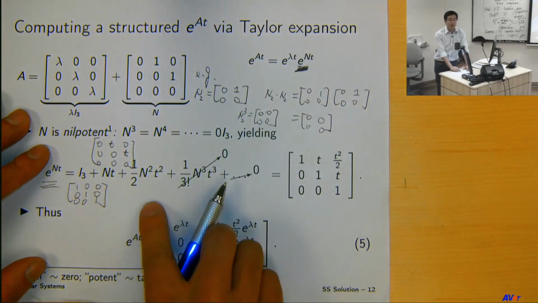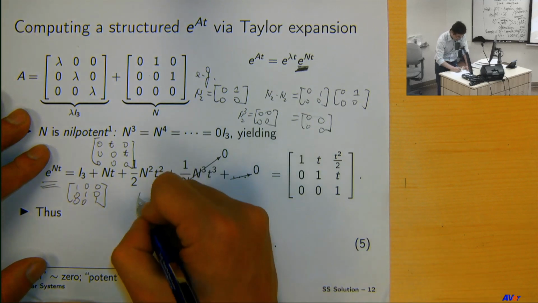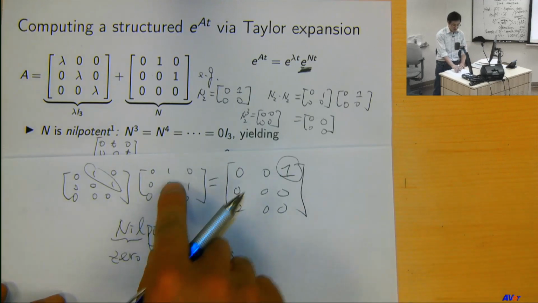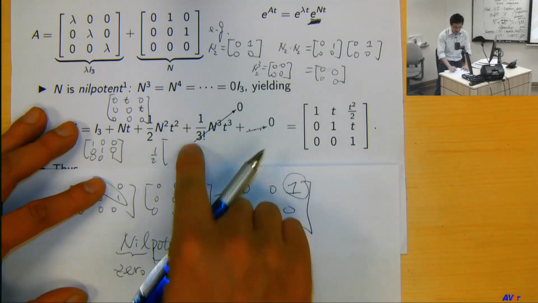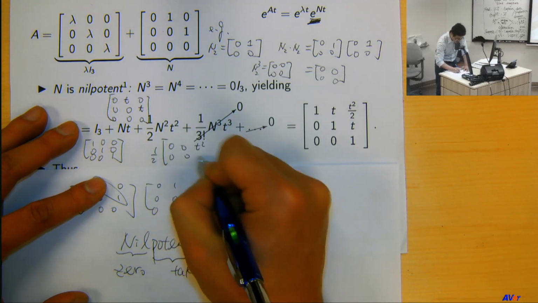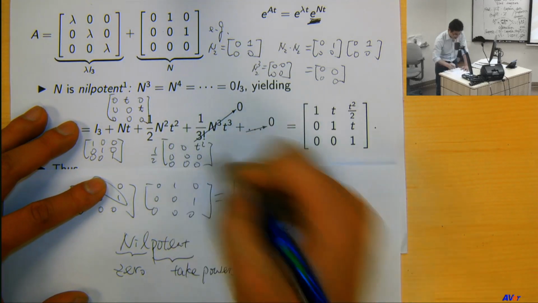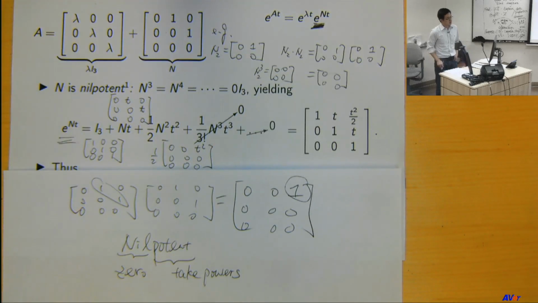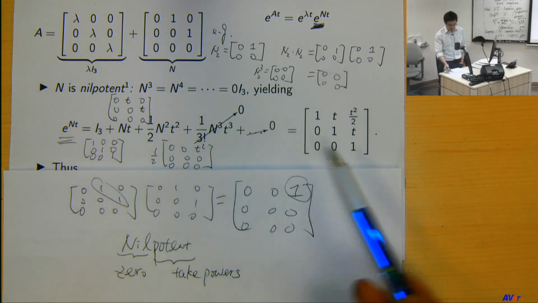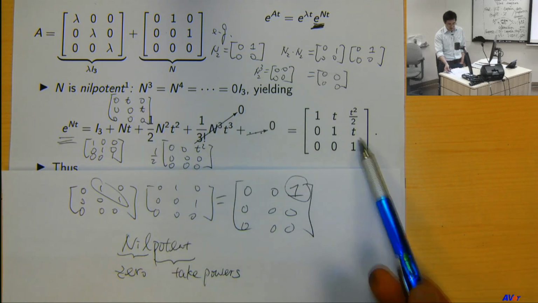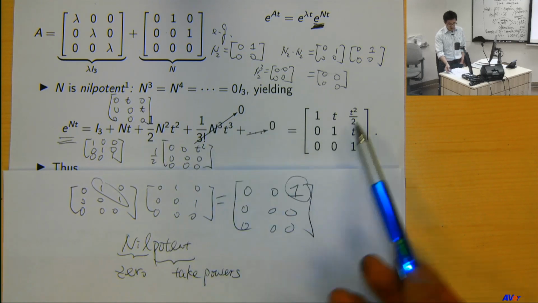And half of N squared T squared, we already computed N squared, right? So it's going to be 0, 0, t squared over 2, with all other entries 0. So you just add these entries together. You get 1 on the diagonal, t on the off-diagonal, and half of t squared in the top right.